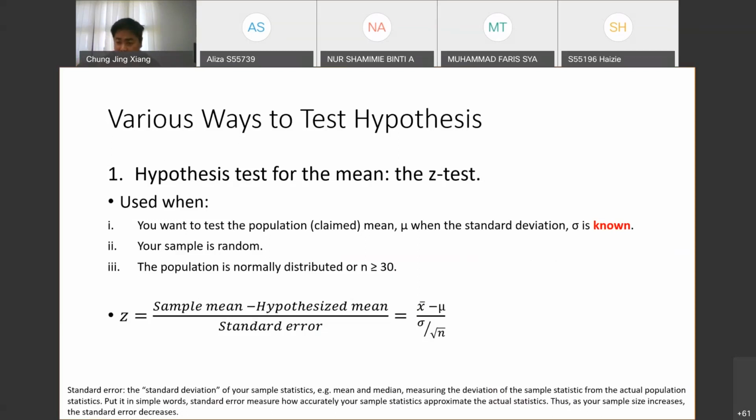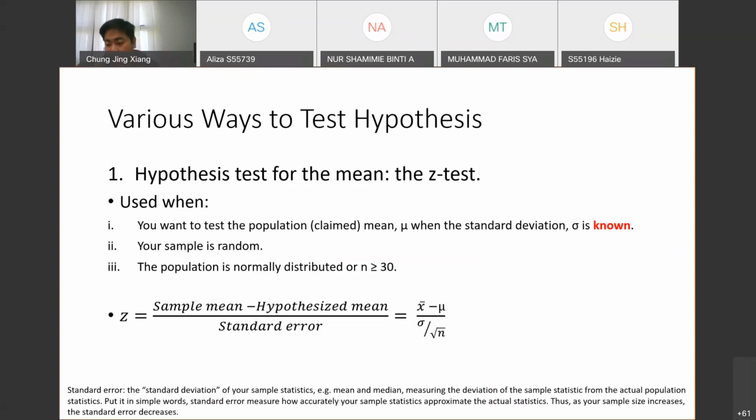So without further ado, let's look at what the Z test actually is and when we are going to use it. When you want to test the mean, the mean of one sample, two samples, or the difference between the sample means, you use the Z test. You can use the Z test when you know the standard deviation.